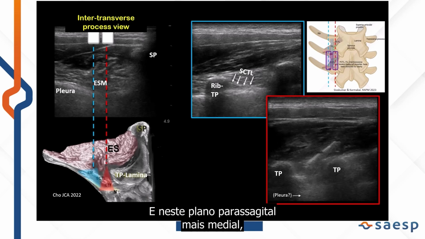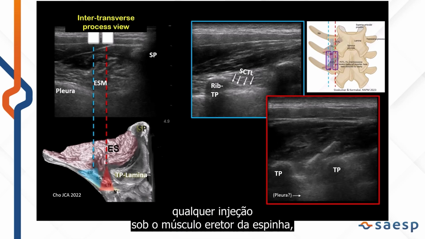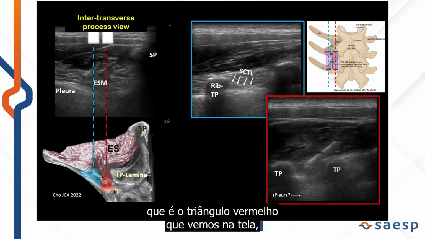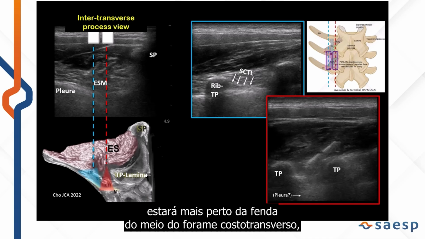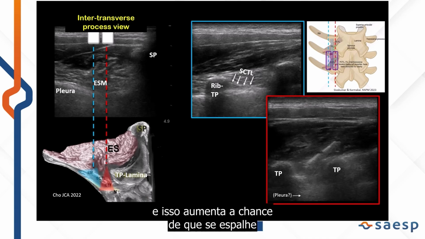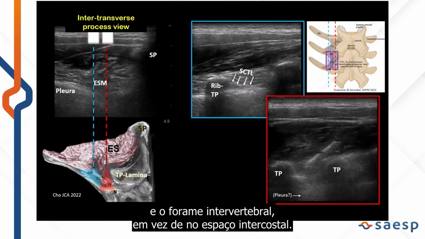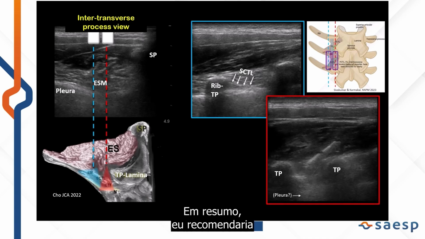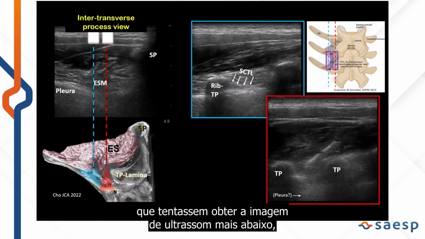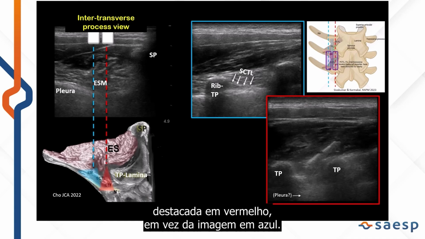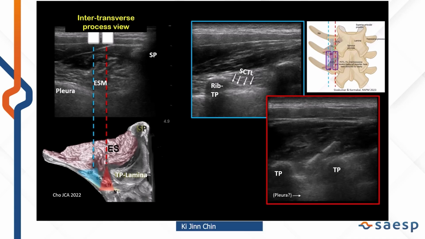And in this more medial parasagittal plane, any injection under the erector spinae muscle, which is the red triangle, you can now see is closer to that medial slit or costotransverse foramen, and this increases the probability that we'll get spread into that proximal paravertebral space and the intervertebral foramen, rather than the intercostal space. So to sum up, I would generally recommend that you should try and obtain the lower ultrasound image that's highlighted in red, rather than the blue one.